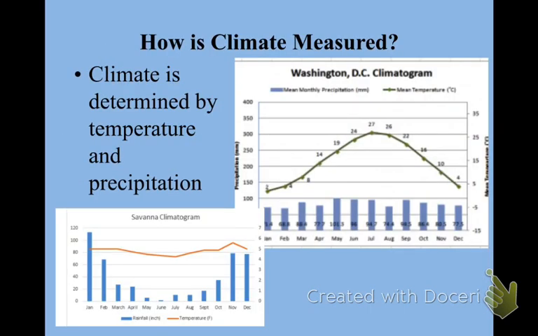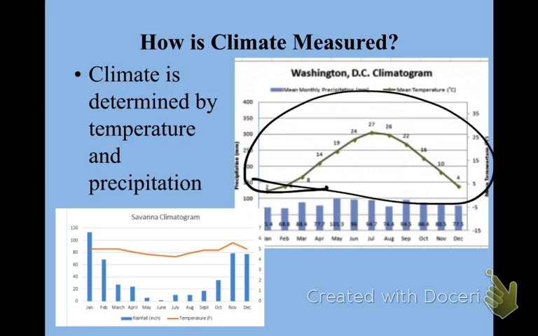Last thing we're going to look at is something called a climatogram. So climates are based on temperature and precipitation. So if you are to graph a climate, you're going to graph it based on temperature and precipitation. When we graph a climate, we graph the temperature using a line graph. As you can see right here, this line graph is showing the temperatures.